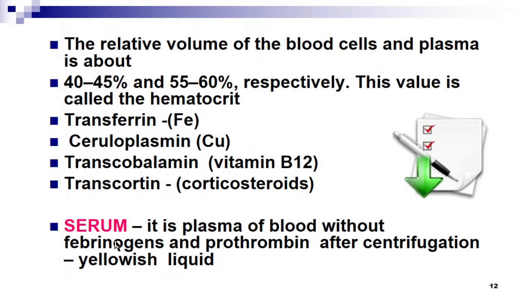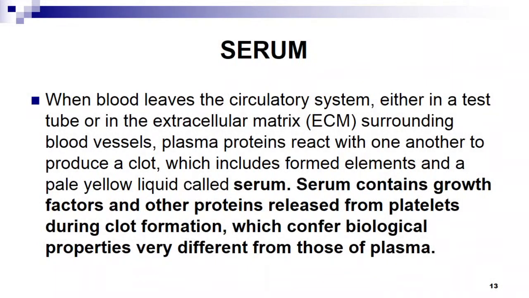What is a serum? Serum is the plasma of blood without fibrinogen and prothrombin. After centrifugation, ordinarily it's a yellowish liquid. So serum plays a very important role for treatment.